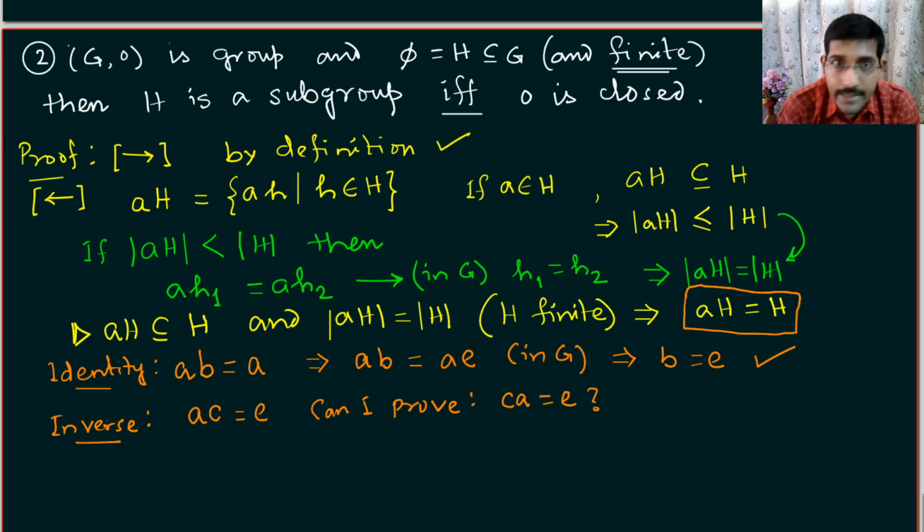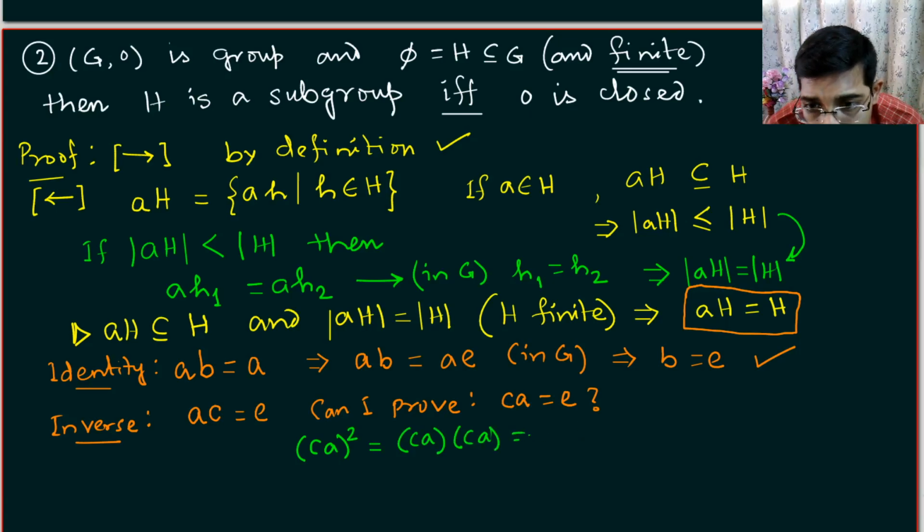That side is missing. So to prove that, what I will do is take CA squared and try to think what it is. It is CA into CA. It means, by associativity, C, AC, into A. AC is E, my assumption here.